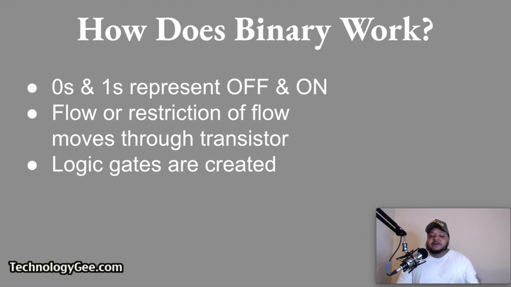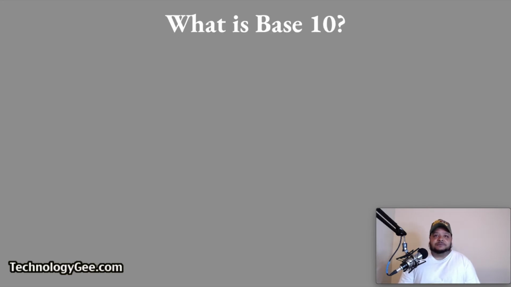Now, depending upon the arrangement of the transistors, these things called logic gates are created, which essentially tell a computer to either pass a current of electricity, which would mean that it is turned on to the value of 1, or to restrict a current of electricity, which means that the value number of 0 will be turned on to prevent this information from flowing.